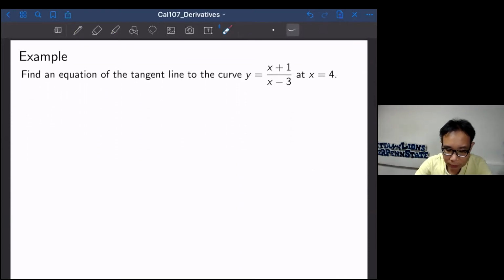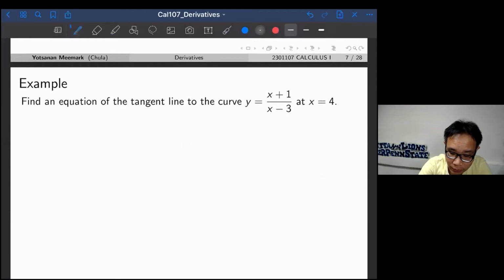The next one, you'd like to find an equation of the tangent line to the curve y equals x plus 1 over x minus 3 at x equals 4.